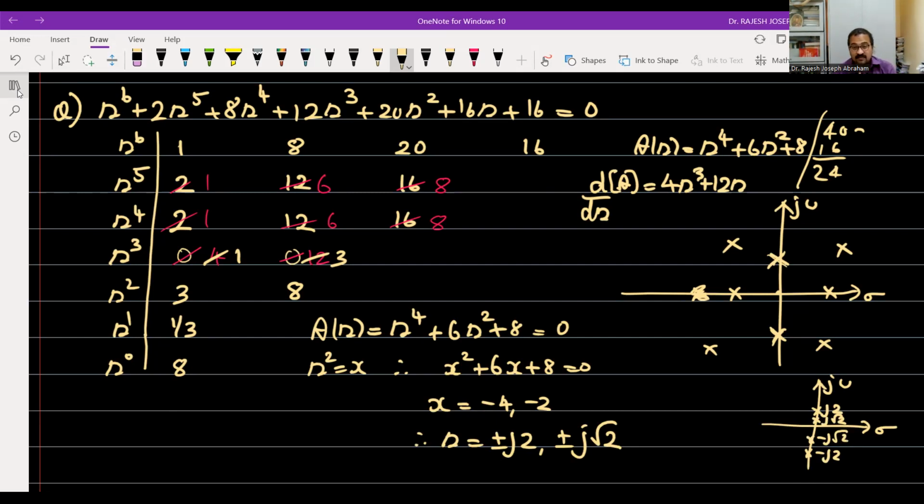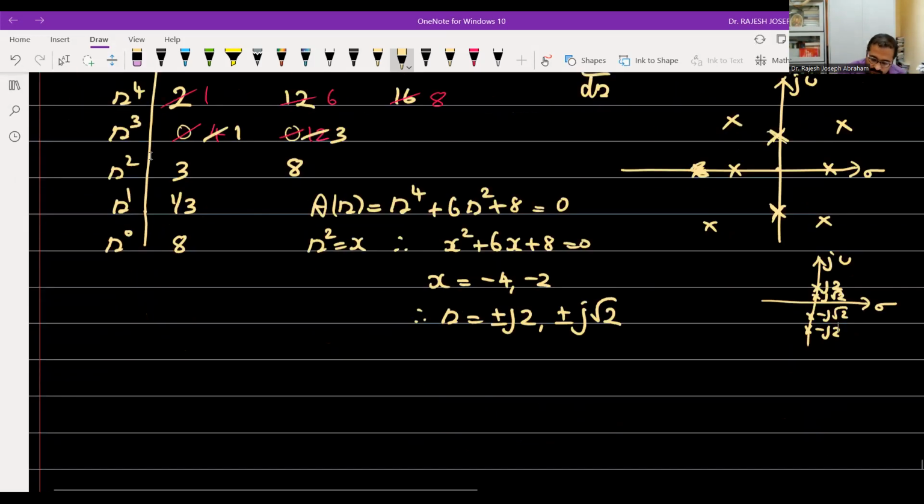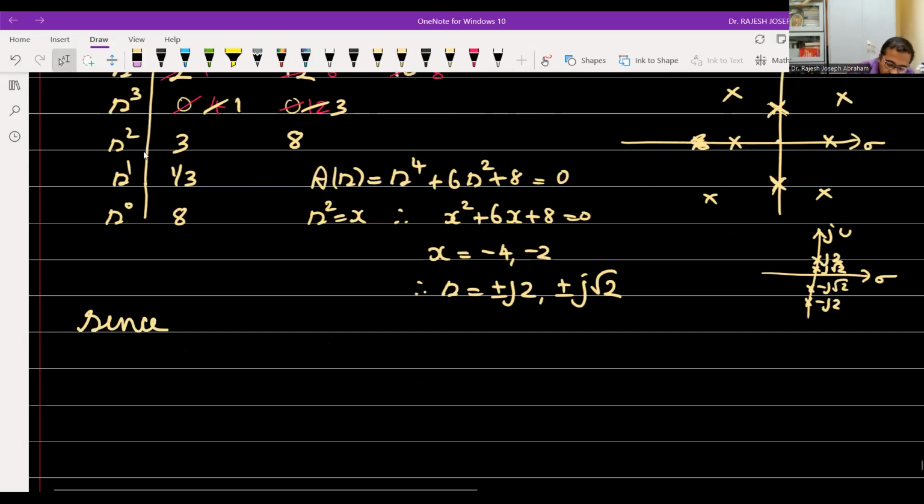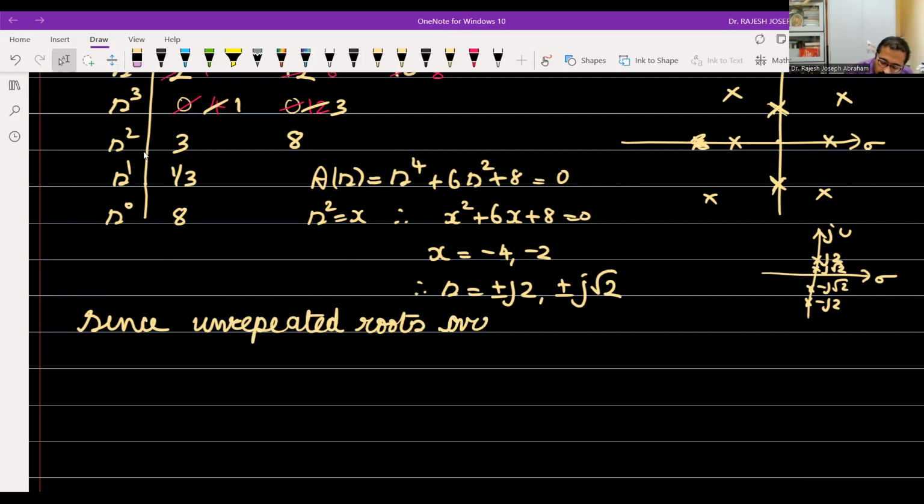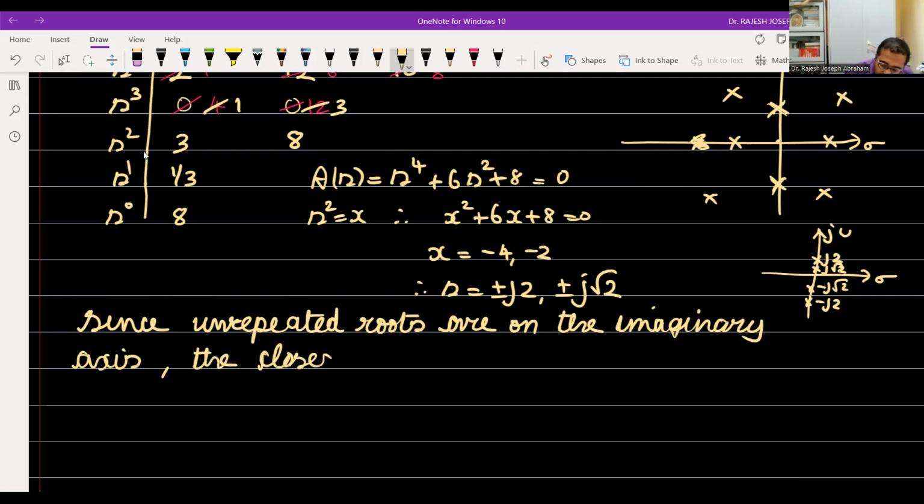The system is not stable; the system is marginally stable, since unrepeated roots are on the imaginary axis, the closed loop system is marginally stable.